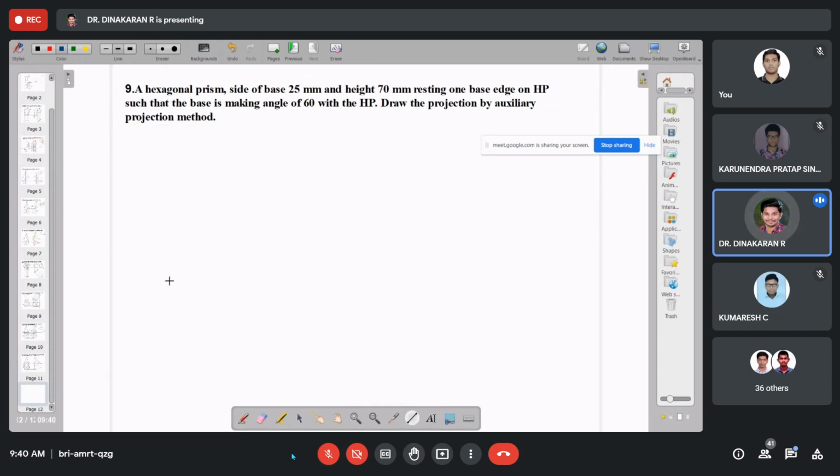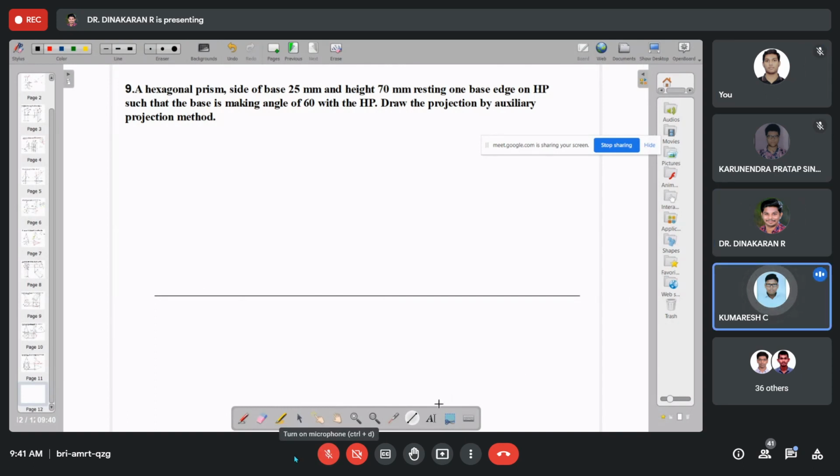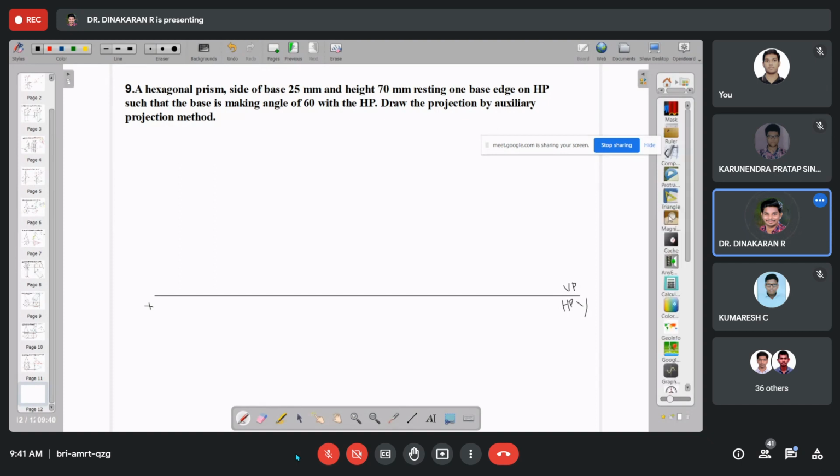What geometry is given? A hexagonal prism. What dimension is given? Base 25 mm, height 70 mm. So it's a prism or pyramid?